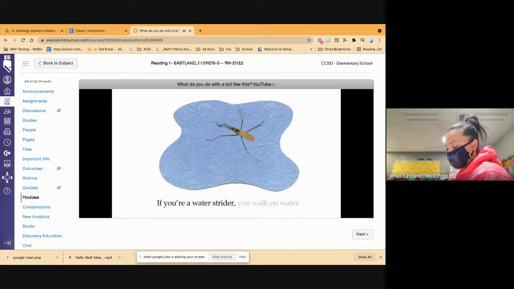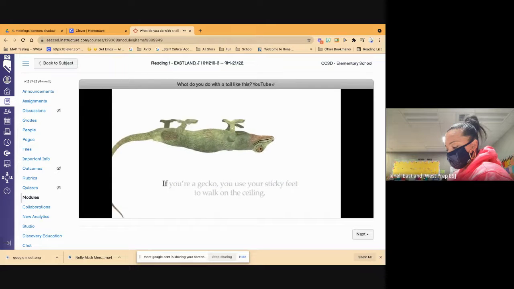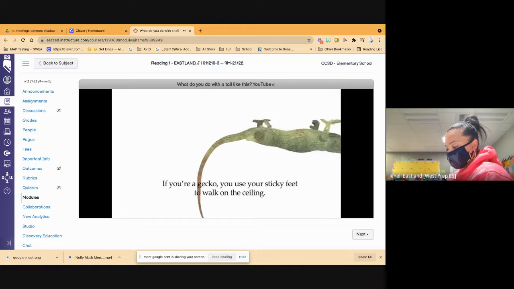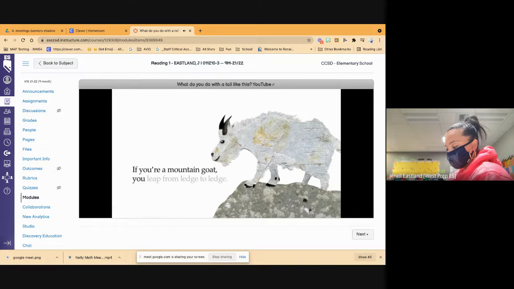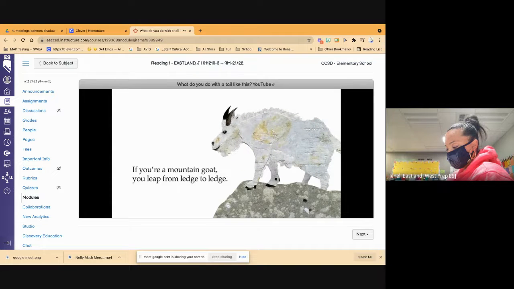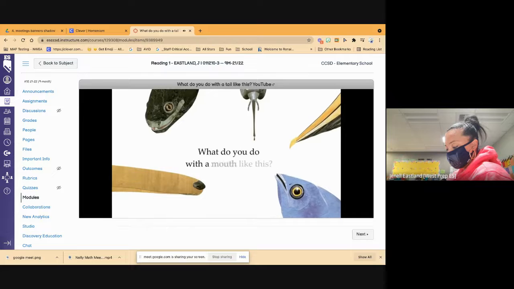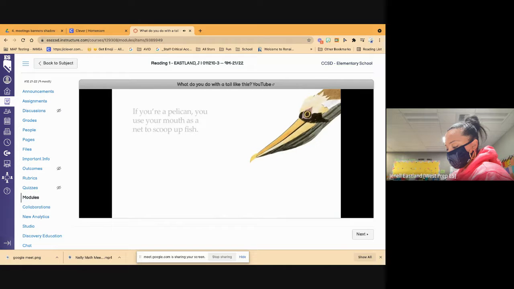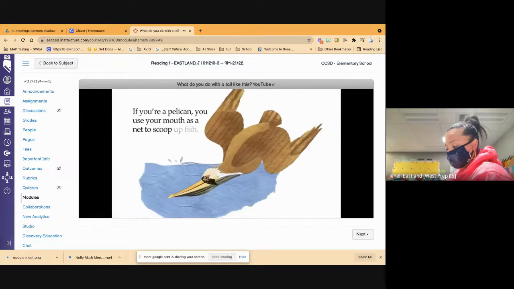If you're a water strider, you walk on water. If you're a gecko, you use your sticky feet to walk on the ceiling. If you're a mountain goat, you leap from ledge to ledge. What do you do with a mouth like this? If you're a pelican, you use your mouth as a net to scoop up fish.